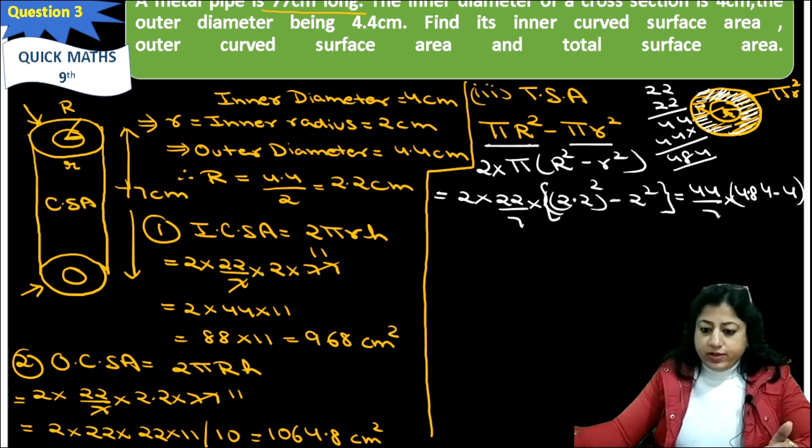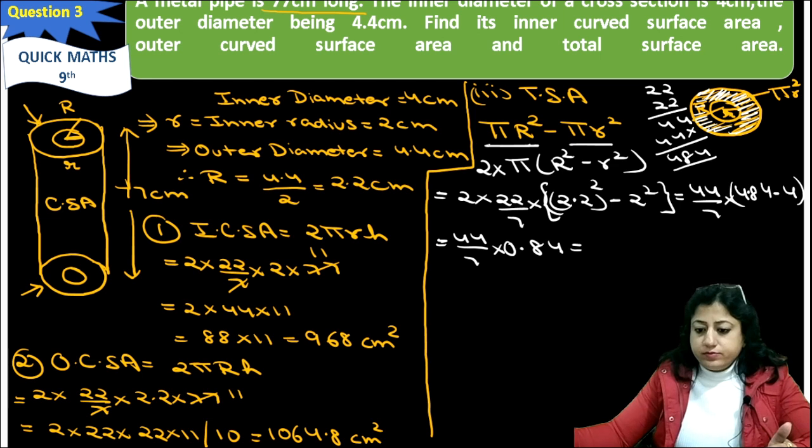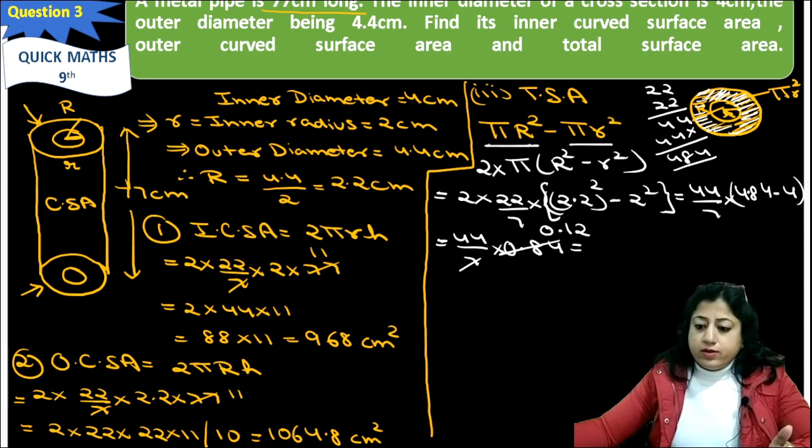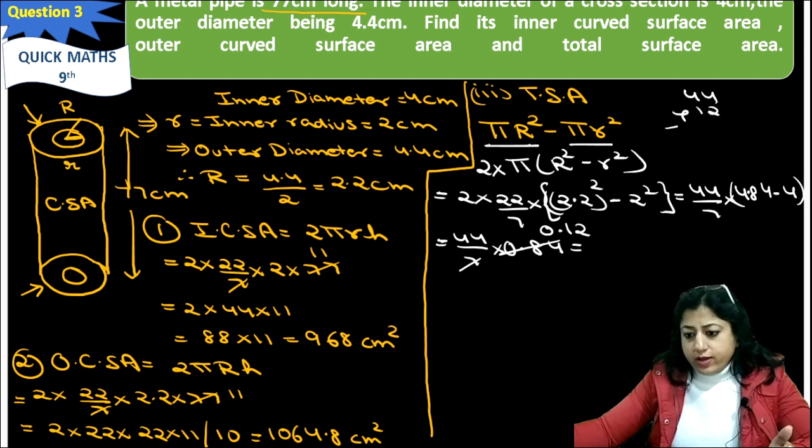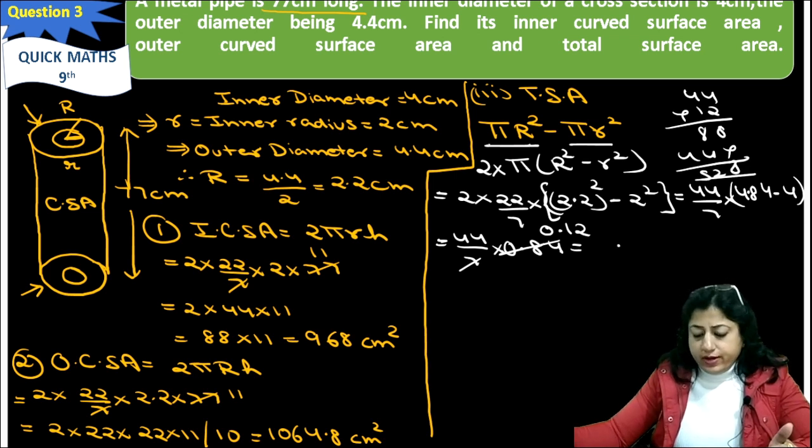So it will be 44 by 7 multiply 0.84, and we can cancel the 7, 0.84 by 7 is 0.12, so 44 into 12. Now 44 into 12 is 528, and here it is a decimal, so it is 5.28.